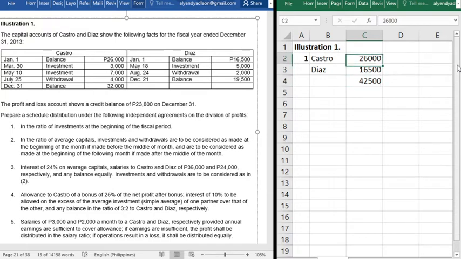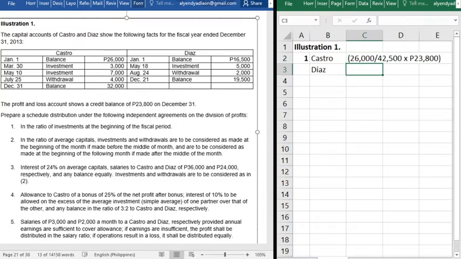Since the total is 42,500, the fraction is 26,000 over 42,500 multiplied by the profit of 23,800.